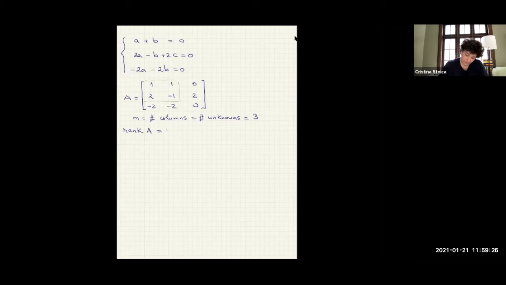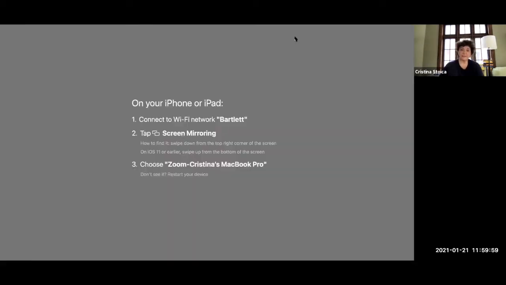So this was called K, it's 2. A priori, I know that this system has one independent variable: M minus K, which is 3 minus 2, which is 1, is the number of independent variables. But this is like a side note.